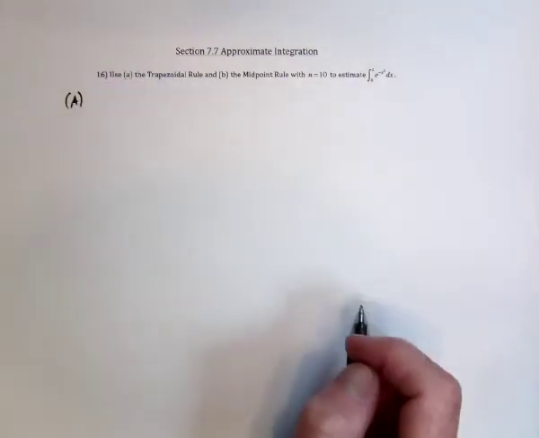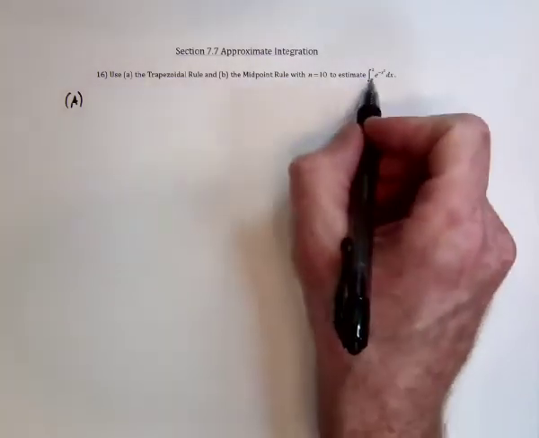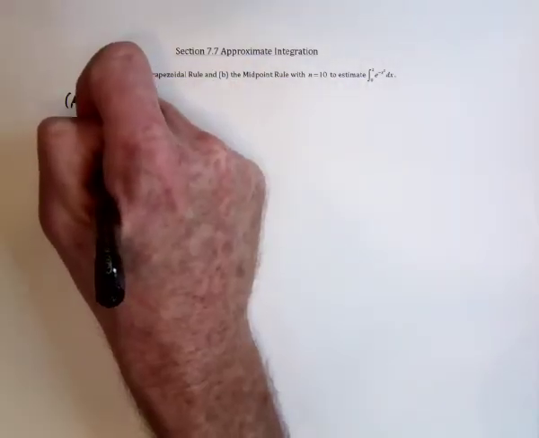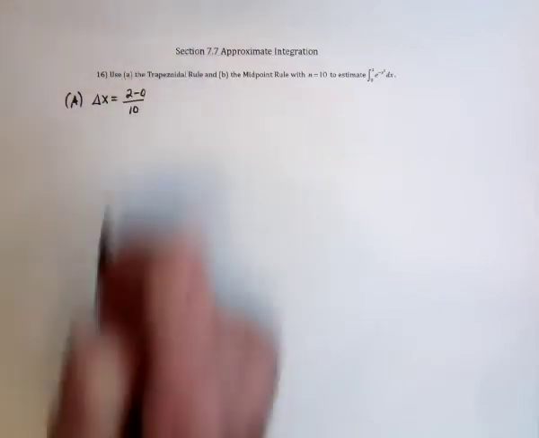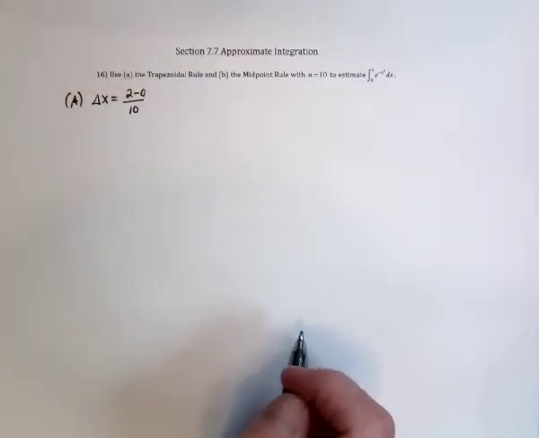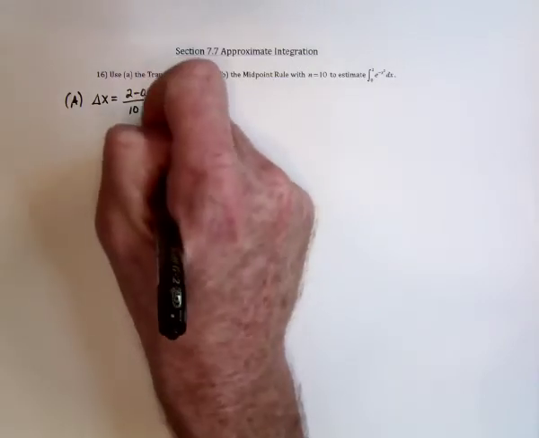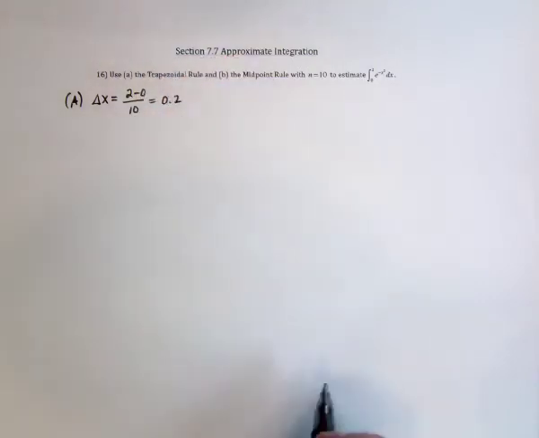using the trapezoidal rule, we start by taking the interval, which goes from 0 to 2, and dividing it into 10 equal pieces. So we need to find out what's the width of those pieces, also known as delta x. This is then equal to 2/10, and I'll just use decimal form.